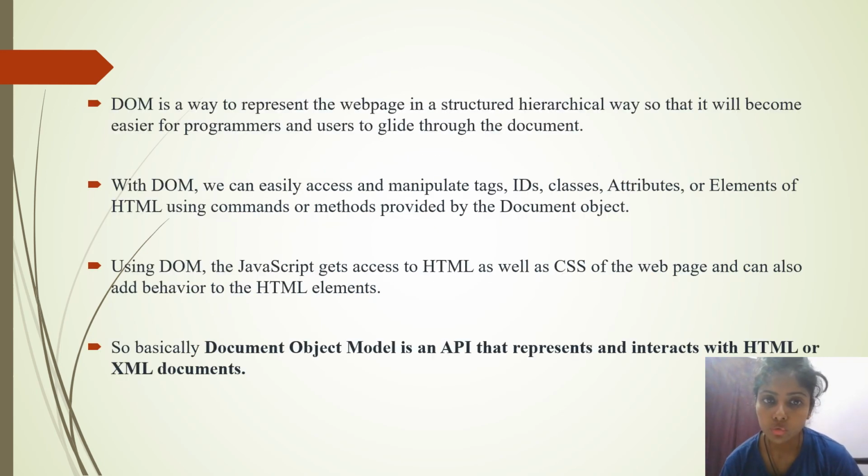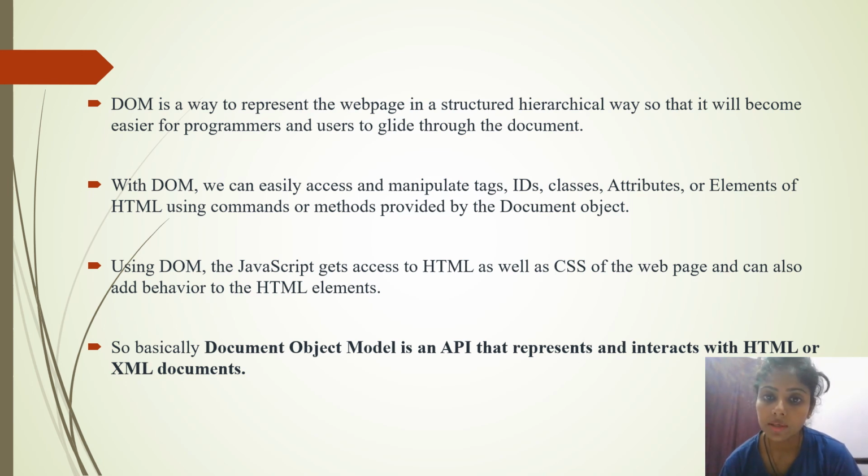DOM is a way to represent the website in a structured hierarchical way so that it becomes easier for programmers and users to understand and navigate through the documents. With DOM we can easily access and manipulate tags, for example, h1, h2, p, where p is for paragraph.